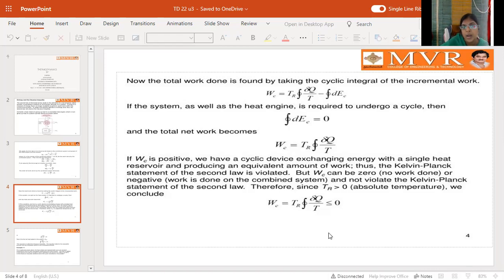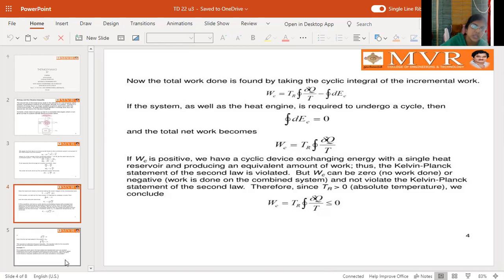So finally, I want to clear one thing: our WC is equal to TR into the cyclic integral of del Q by T, and the cyclic integral of del Q by T is less than or equal to 0. We have only 0 and negative values in the Clausius inequality, and absolute temperature is greater than 0.